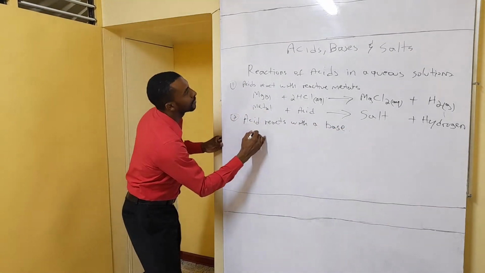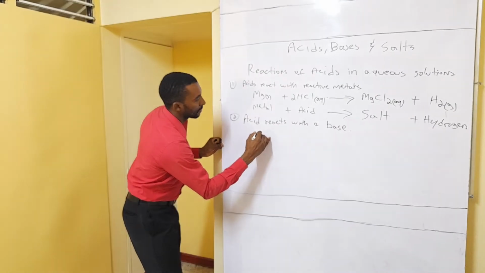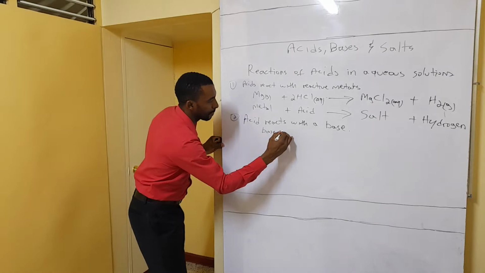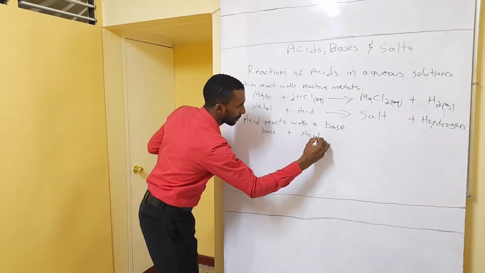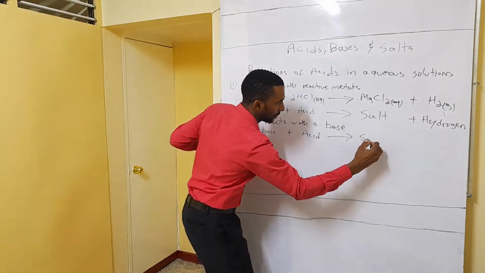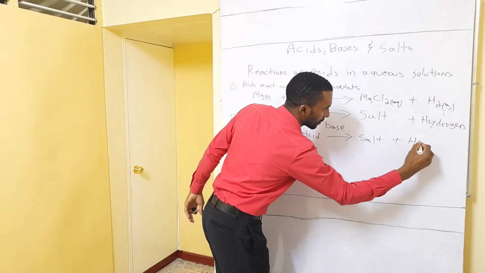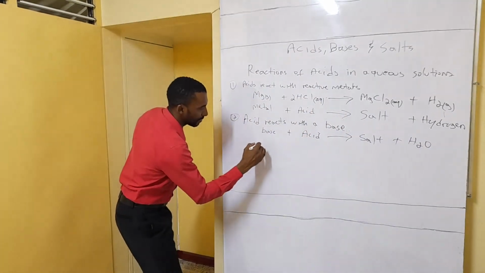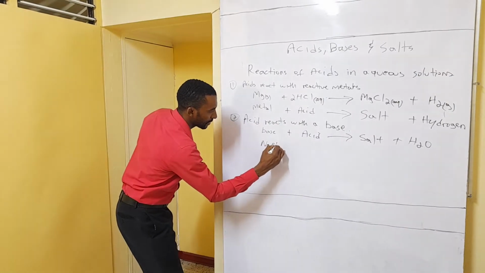Alright, so acid will give us salt plus water, right? And then a quick example of a base, sodium hydroxide.